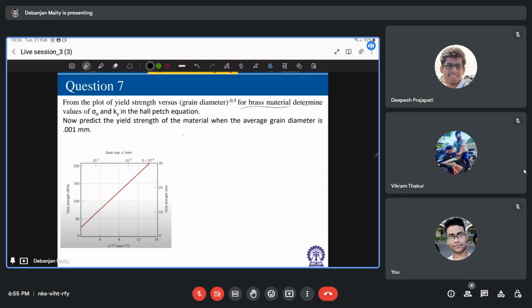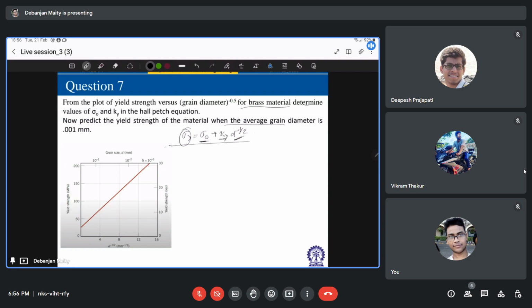So we have this Hall-Petch equation as sigma y equal to sigma naught plus ky d to the power minus half, and the values are provided here. And then you need to predict the yield strength of the material when you have this average grain diameter. So for the next case, you will have this average grain diameter as provided, and we need to find out sigma y. So somehow you need to initially find out the sigma naught value and ky value.